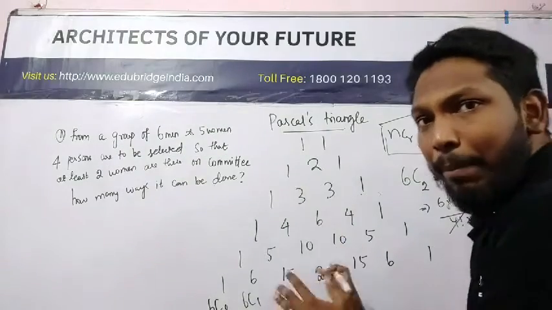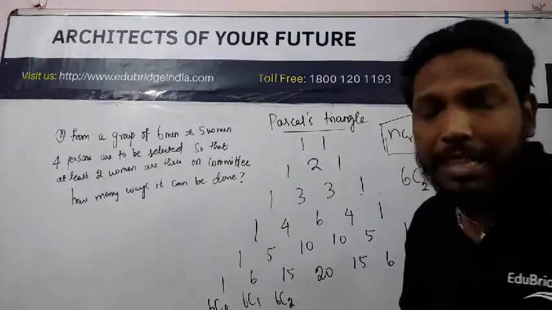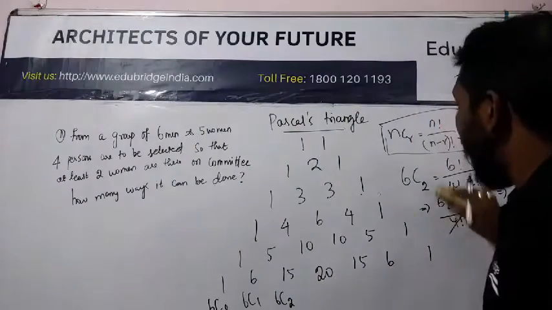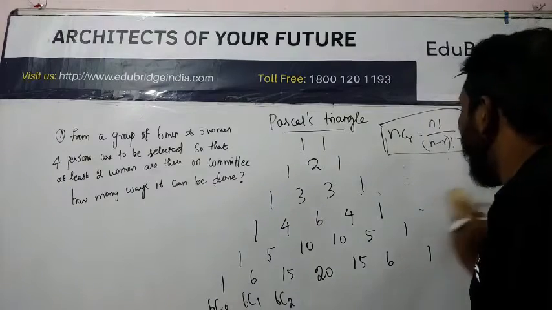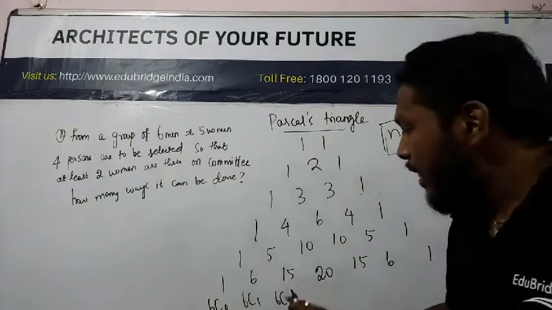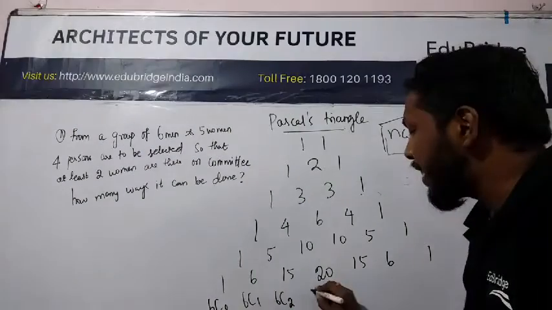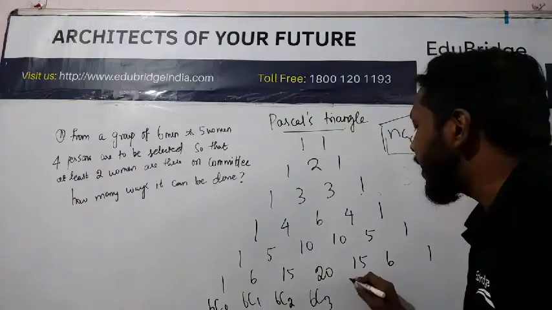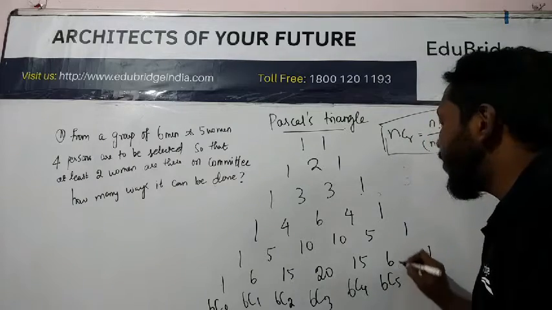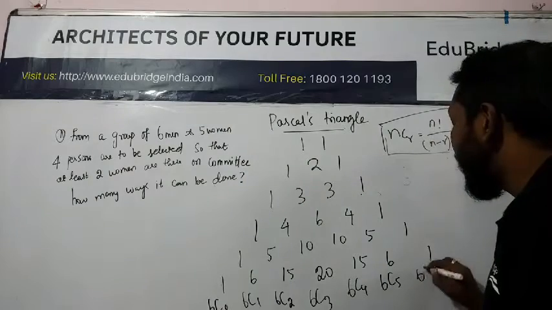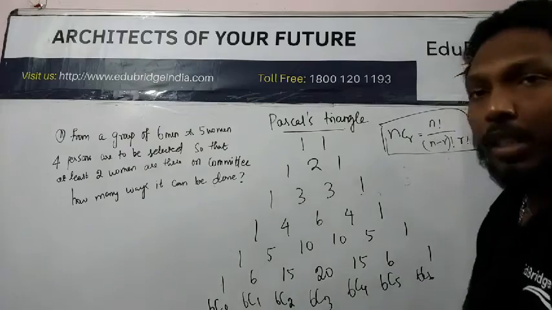So I can simply get this using Pascal's triangle. Now look at this: 6C2 is 15, 6C3 is 20, 6C4 is 15, 6C5 is 6 and 6C6 is 1. This is how it is.